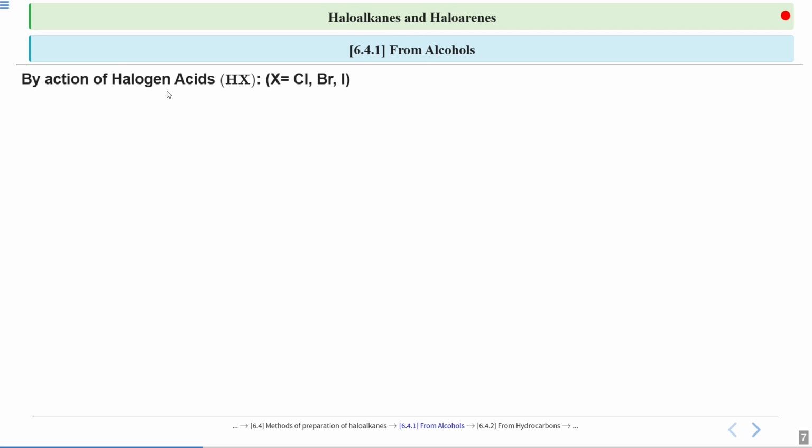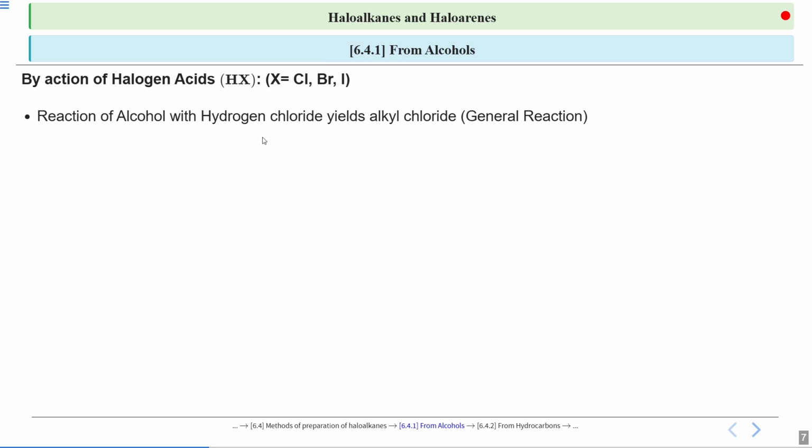So let's see the action of halogen acid. What is going to happen when you react the alcohol with the halogen acids, where halogen acid is HX, or you can say hydrogen halide, where this X is either chlorine, bromine, or iodine. Reaction of alcohol with hydrogen chloride yields alkyl chloride.